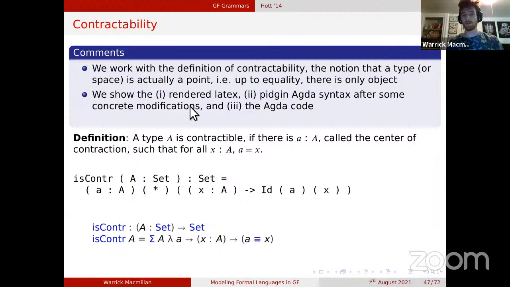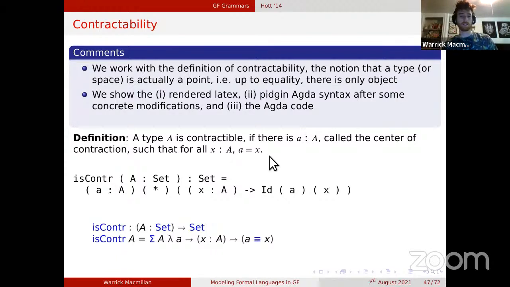So we say a type A is contractible if there's an element A, called the center of contraction, such that for all X in A, A and X are equal, and this means that they're a path. So basically the whole space is path connected and can be compressed to a single point.